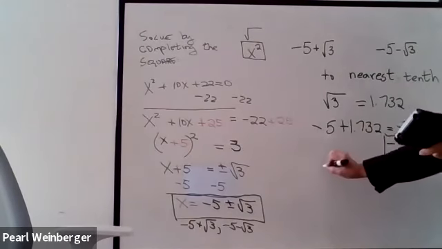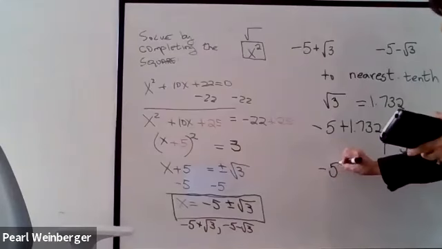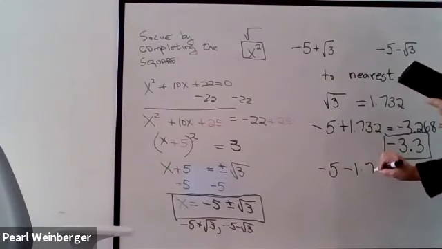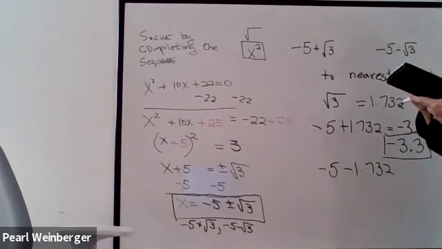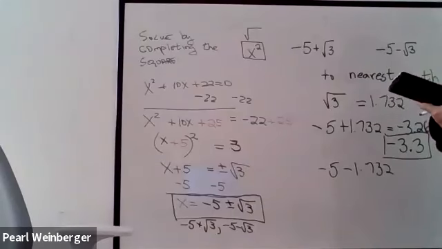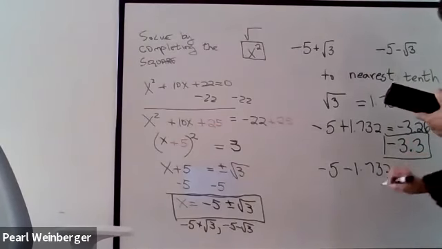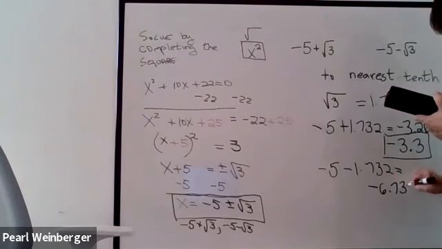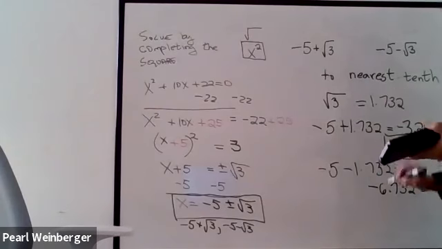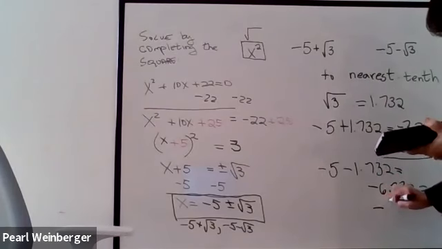The other answer I get by doing -5 minus 1.732, and that gives me negative 6.732, which I round off to negative 6.7.